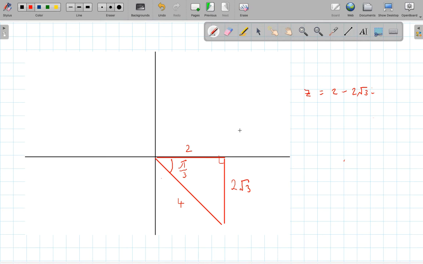Straight away I could say my argument can just come down there in a negative direction like that, and my argument is definitely negative pi over 3. So that's one way to write the argument. But what I could also do is come around anti-clockwise, and this is positive all the way to here. All the way around is 2 pi.